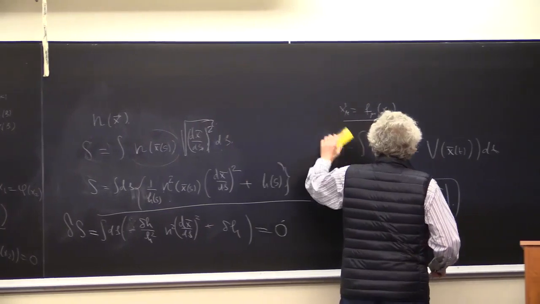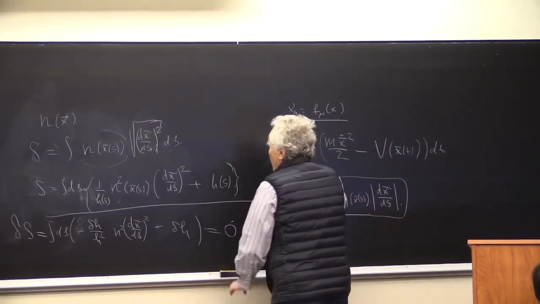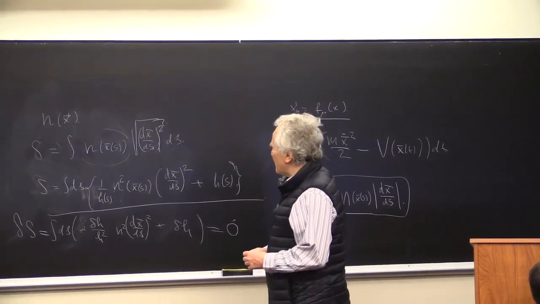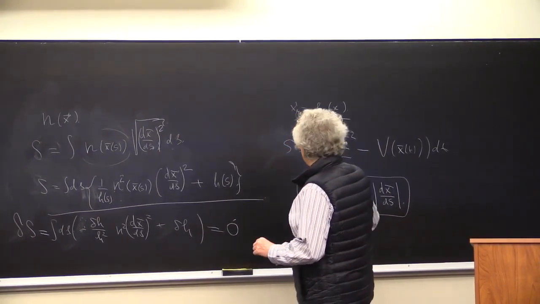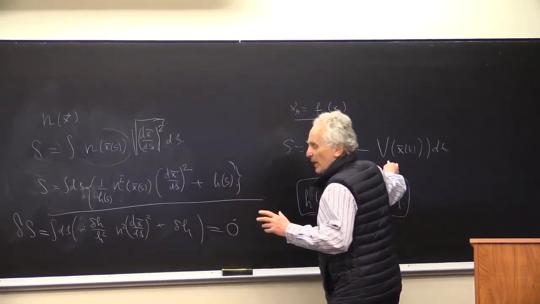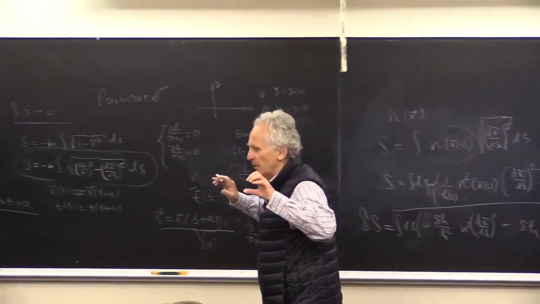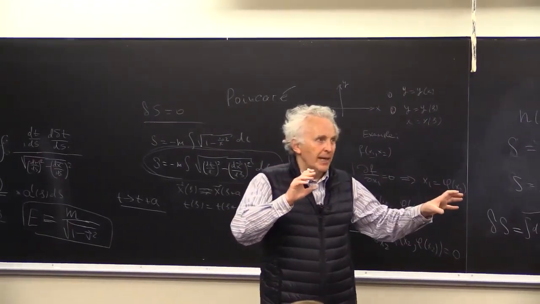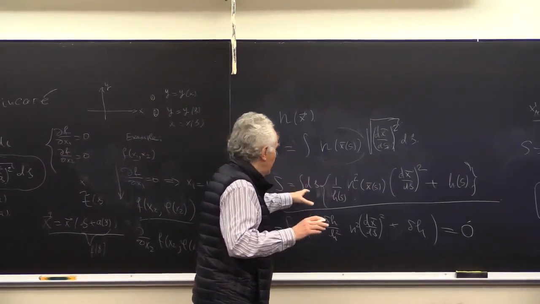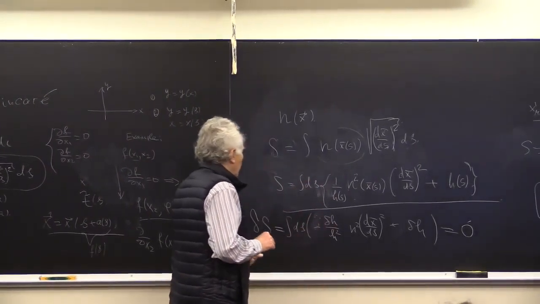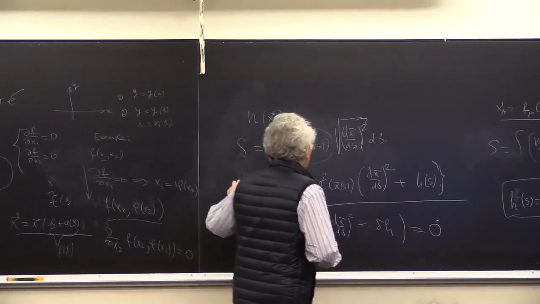But we're still not done yet, although our action starts looking like this one. It's not yet in this form. My goal is to match optics and mechanics, and the goal is not yet fulfilled. But we are pretty close.